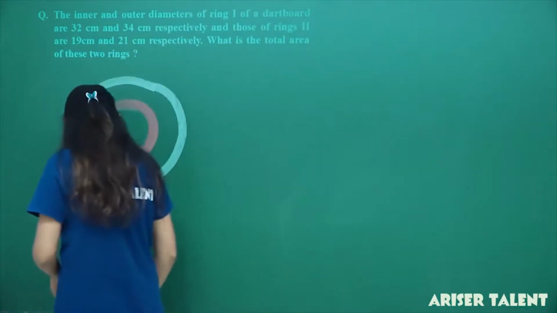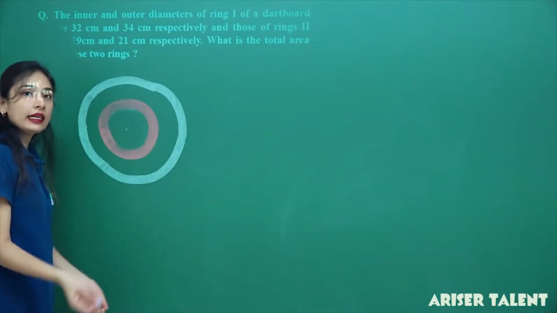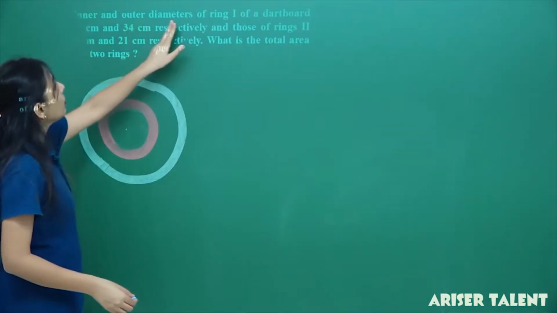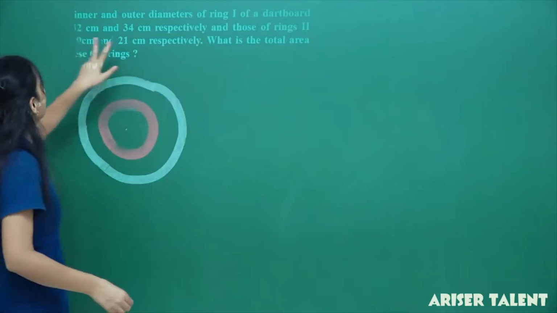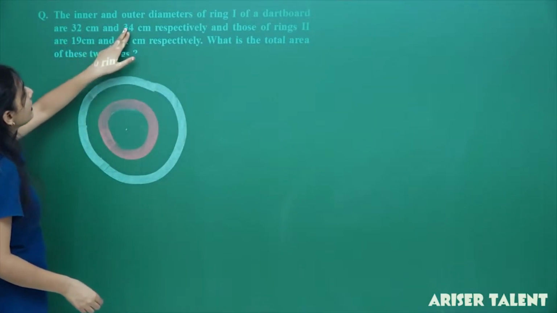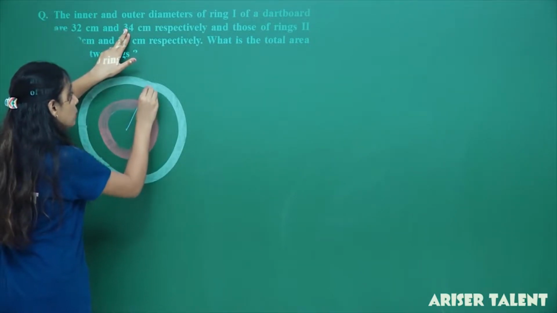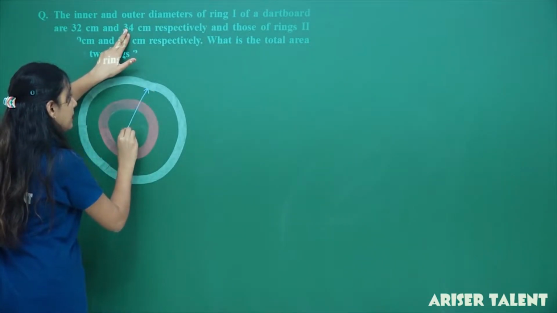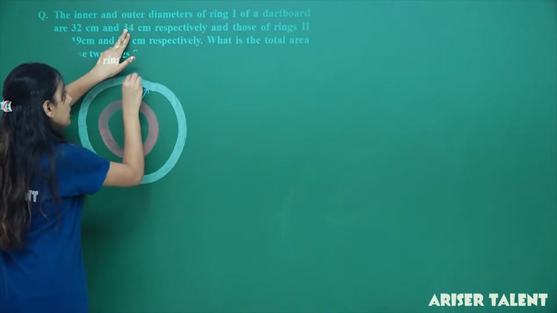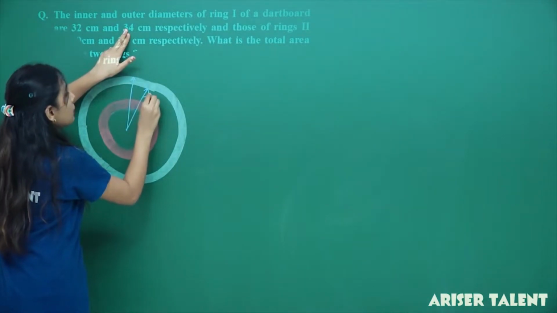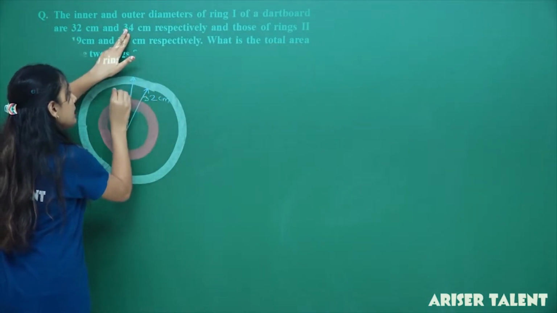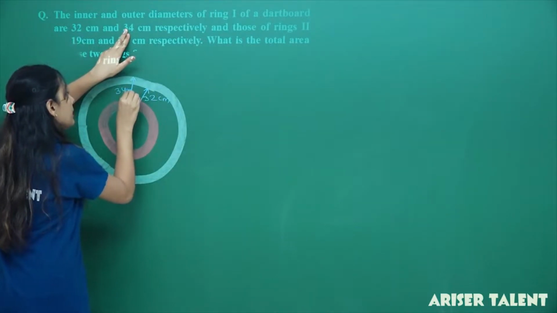Now what are the specifications of these areas? Let us consider them also. Inner and outer diameter of ring 1 of a dartboard are 32 and 34 centimeters, so this is 32 centimeters and this is 34 centimeters.